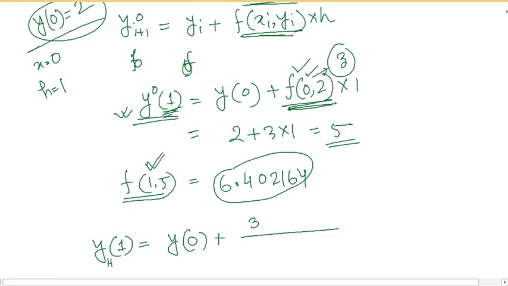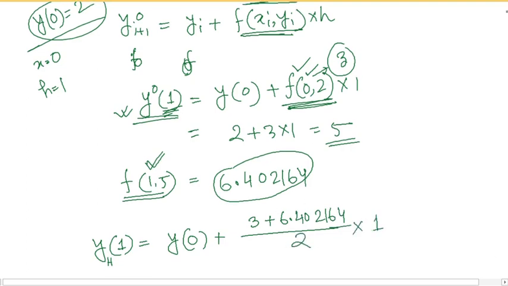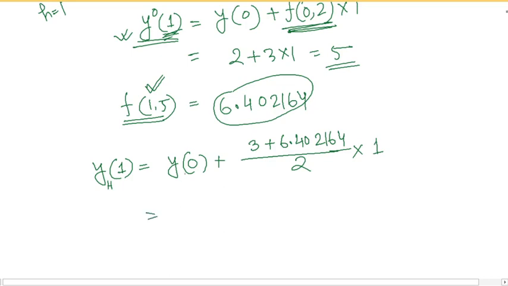So 3 plus 6.402164 divided by 2. This is the increment function in this case, multiplied by the step size 1. And this y0 will be 2, as we know. So the value by Heun's method here will be 6.7010819.